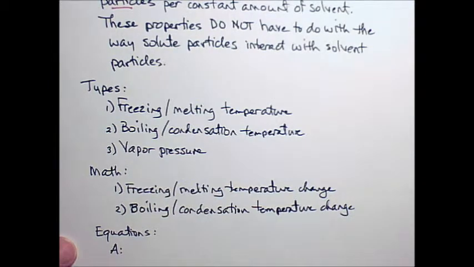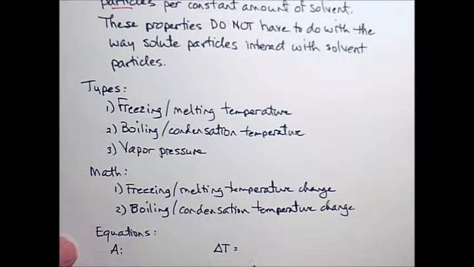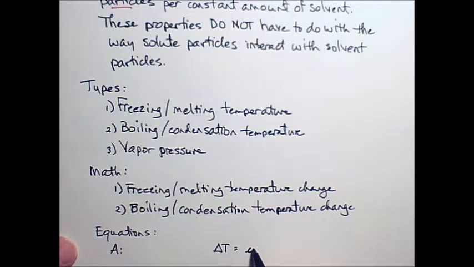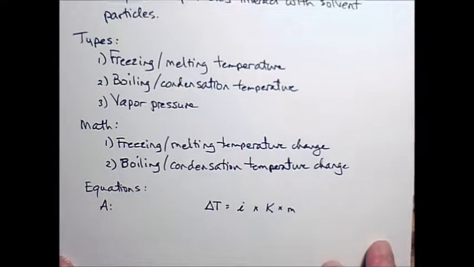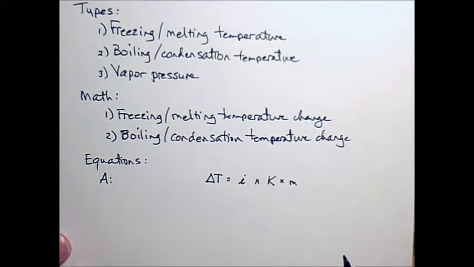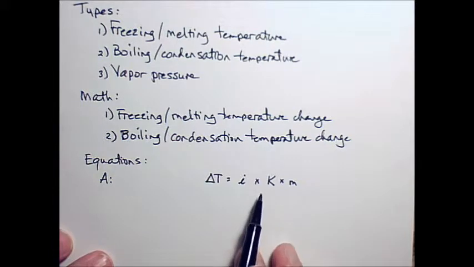For both of those, you have delta T. The triangle is the capital Greek letter delta. Then it's a small letter i, capital K, small letter m.